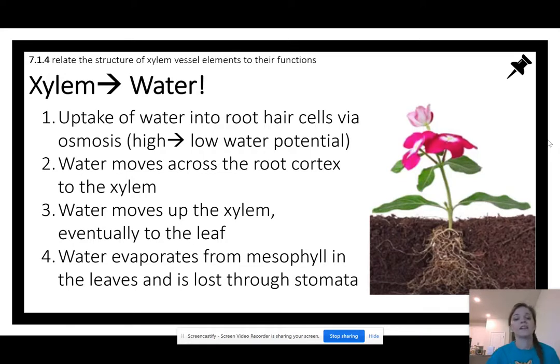From there, it's going to move across the cortex of the root and eventually get to the xylem vessels that are in the middle of the root. From there, it goes up the stem. It eventually gets to the leaves and the flowers and the fruit and whatever else needs water in the plant. Eventually, it's probably going to evaporate from the mesophyll in the leaves through those stomatal pores, which, we'll see, helps drive the concentration gradients that keep the water moving up.